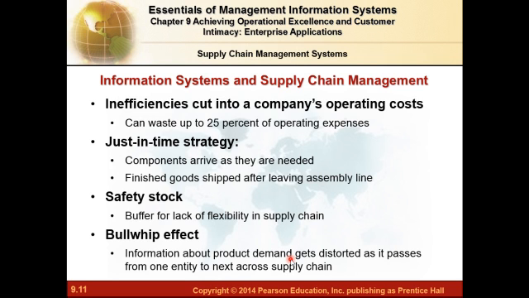Analysts add that PC makers incorrectly assumed that laptops were so hot that they were immune from the post-Christmas sales slump that has traditionally afflicted desktops. So this is the example of the bullwhip effect.